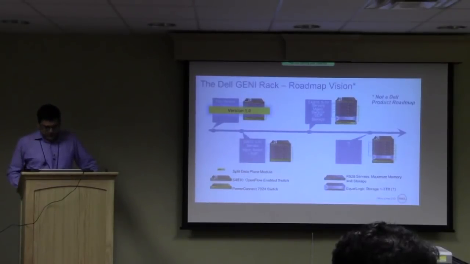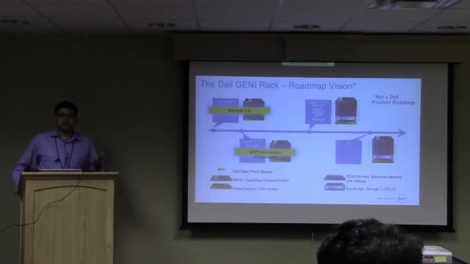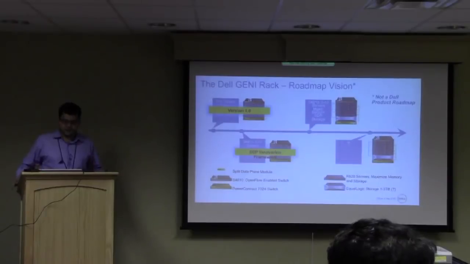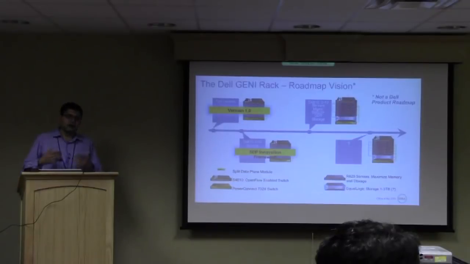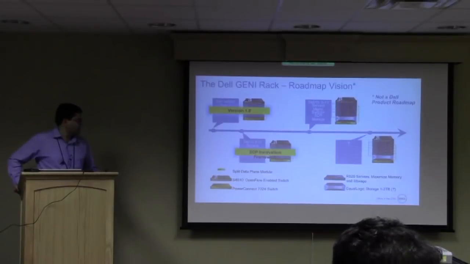The work we did last year was on this concept of the split data plane that some of you may be familiar with, which is basically deeply programmable OpenFlow switches that marry switching ASICs with NPUs. We envisage integrating that into the management plane and being able to use OpenFlow to call upon some of those programmable NPUs.